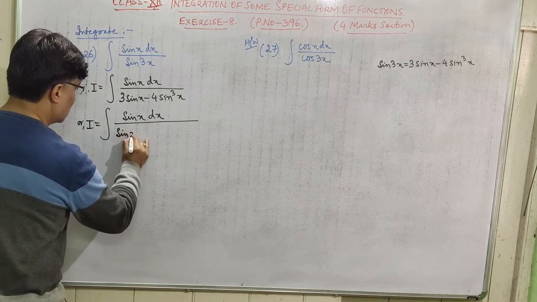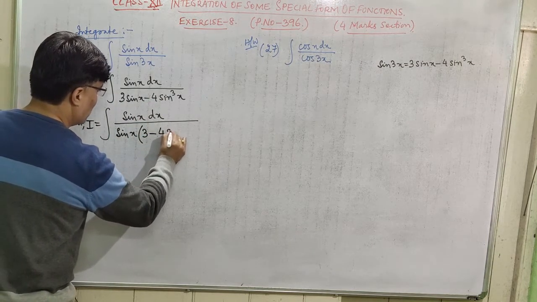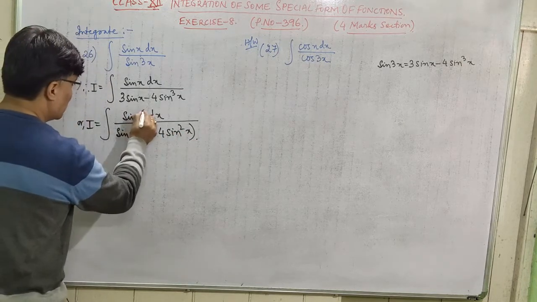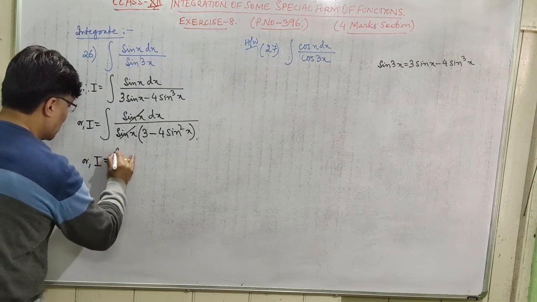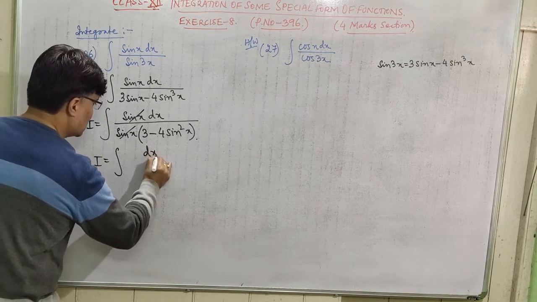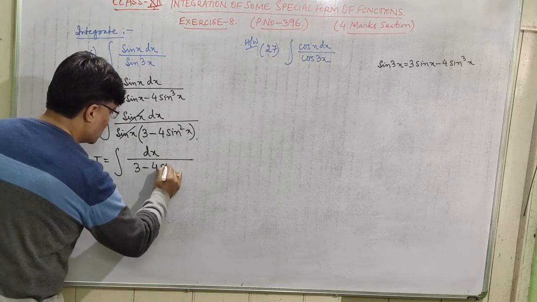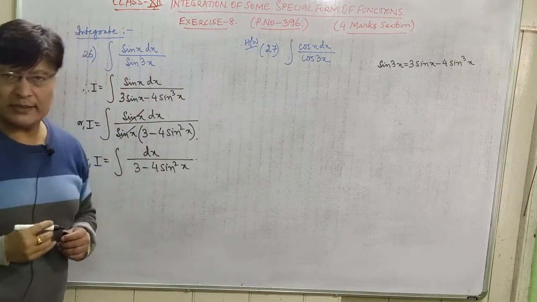Sin x is taken common and within bracket we have 3 minus 4 sin square x. Is that clear? So here sin x will be cancelled. Or I is equal to integration of dx divided by 3 minus 4 sin square x. So I think you have understood it.